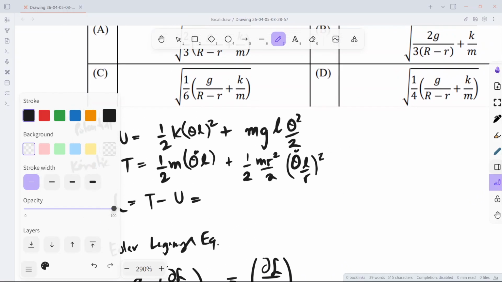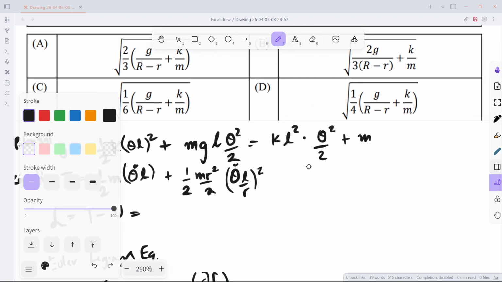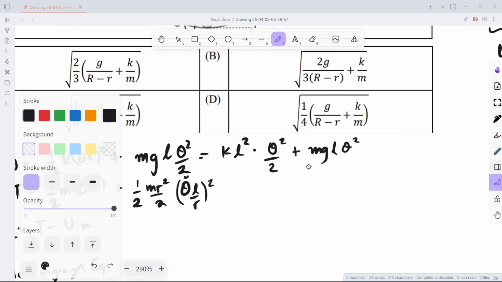One thing that I would like to do is simplify these first. So that's k l squared theta squared over 2 plus m g l theta squared over 2.